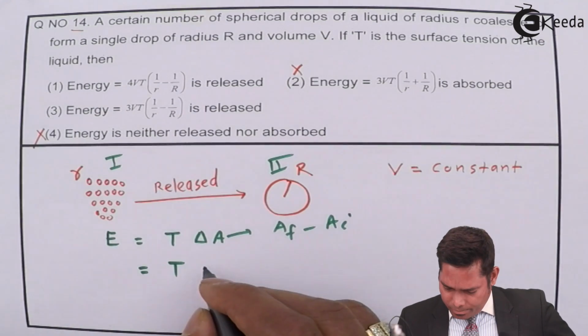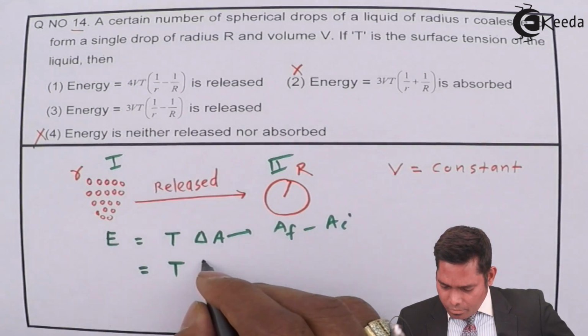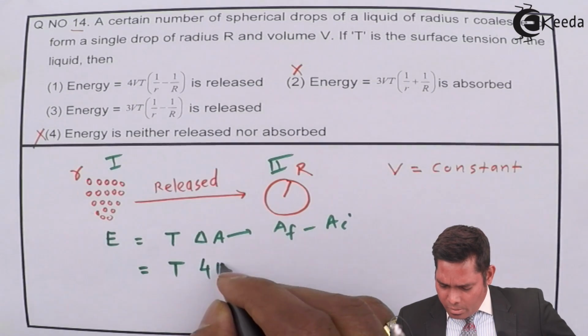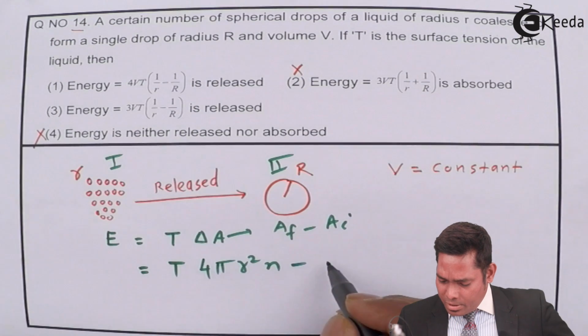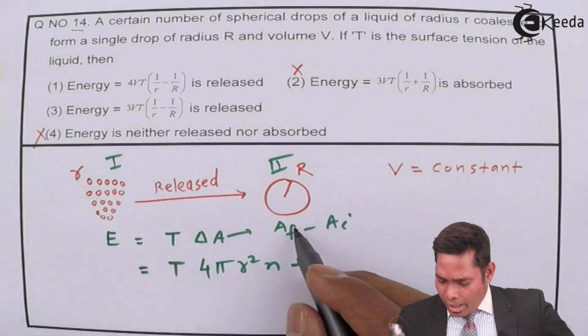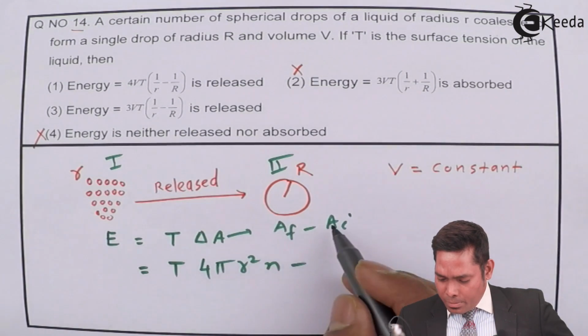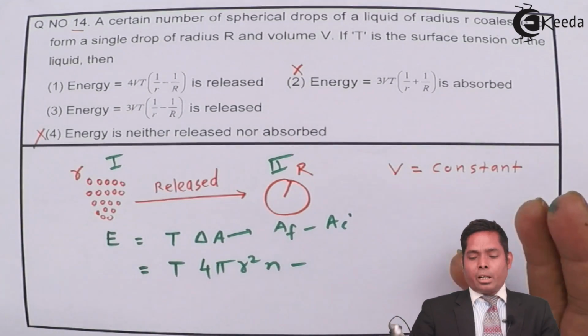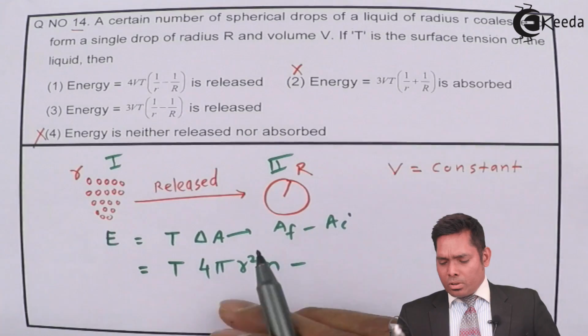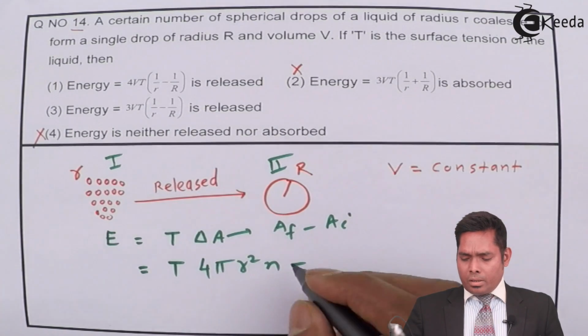So I have 4 pi small r square in n number of droplets minus the single drop, because I know the first is greater. If I took final minus initial, it would be negative, which means the energy is released. Otherwise I'm just doing it to get a positive answer.